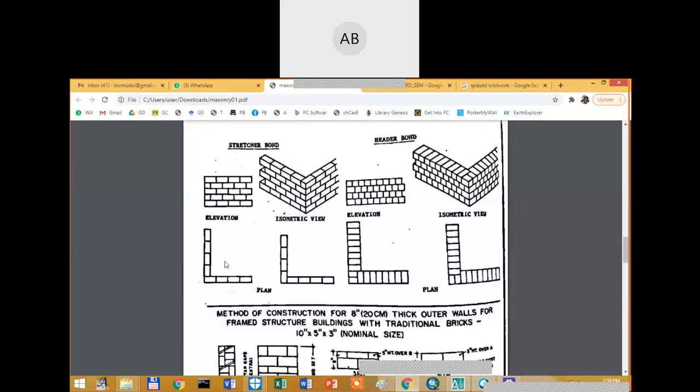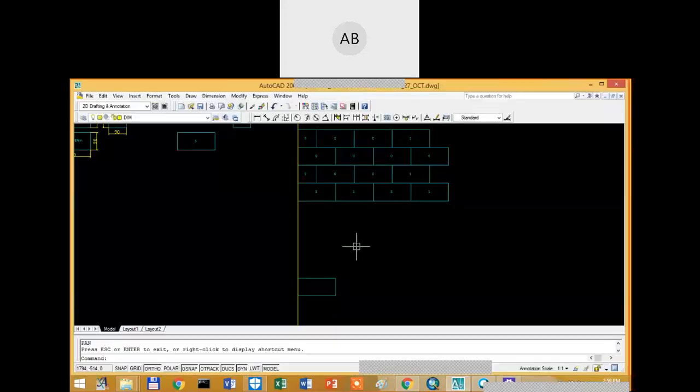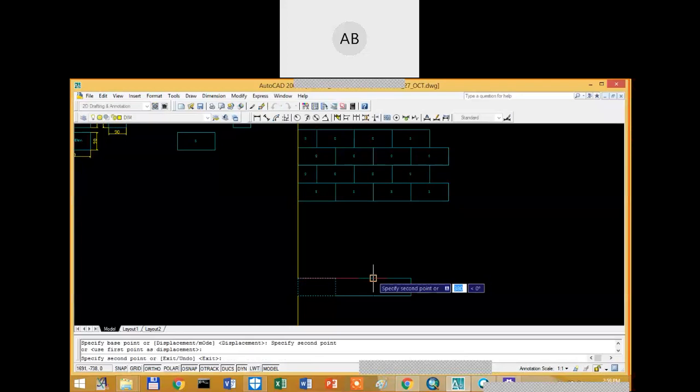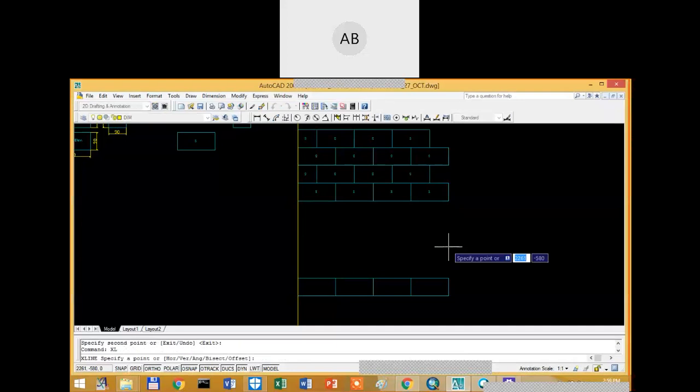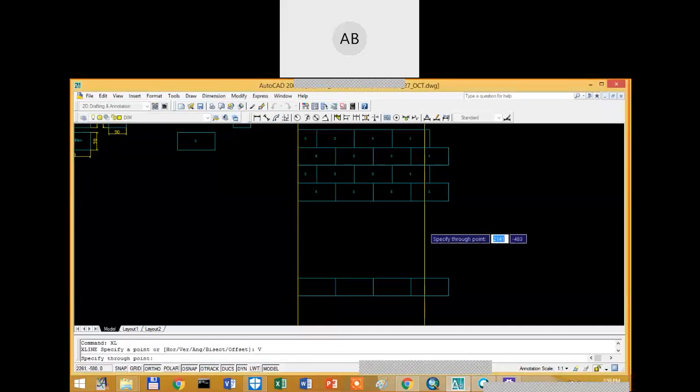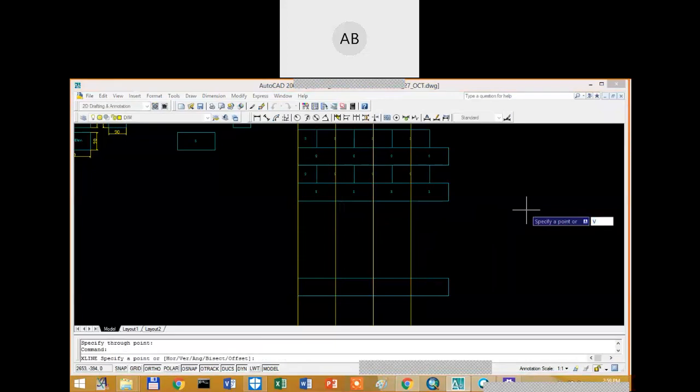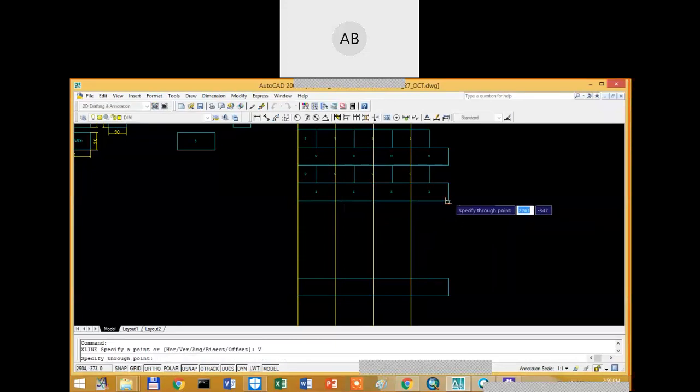That means this one and this side of the plan. So one course, then again one layer of brick, another brick, and brick. If I want to see if the drawing is correct or not, simply check using this construction line. Okay.